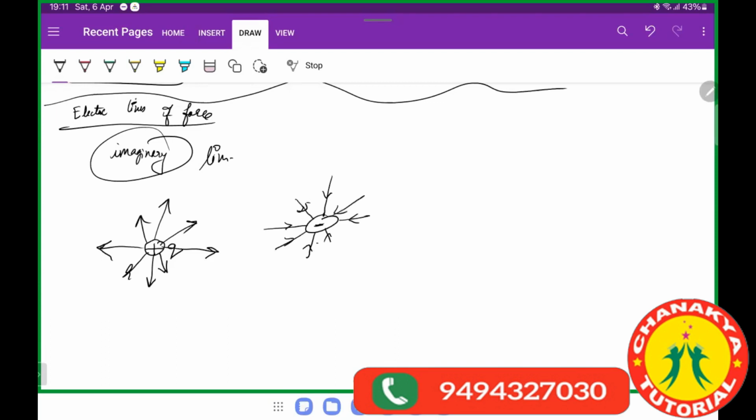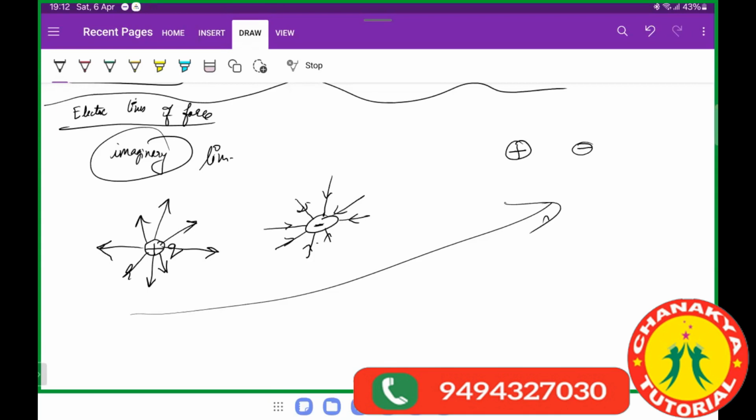Okay, so then we have two charges. Now combine this and tell me, how will you draw this? No idea, sir. See, get an idea from here. In the positive charge, it's going outwards, and in a negative charge, it's coming inwards.